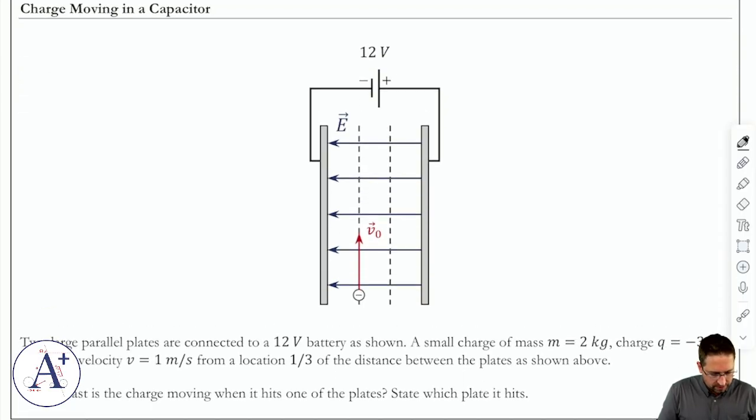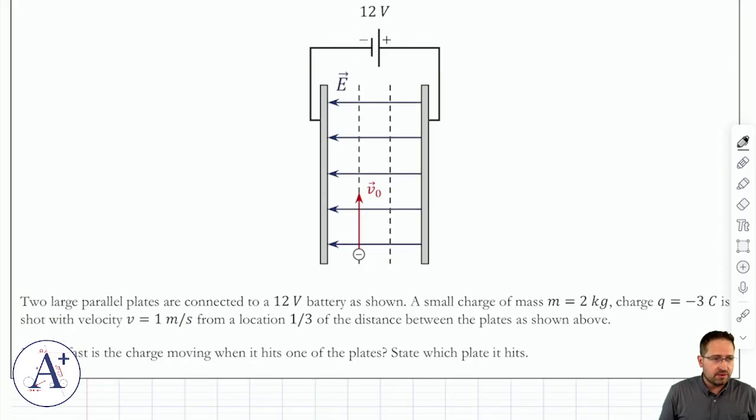Okay, so we have this parallel plate capacitor, and we have two large plates that are connected to a 12-volt battery, and then there's a small charge here that is going to be launched in between the plates upward. That's 1/3 from the left plate, and we want to figure out how fast it is moving when it strikes one of the plates, and to tell us which plate it strikes.